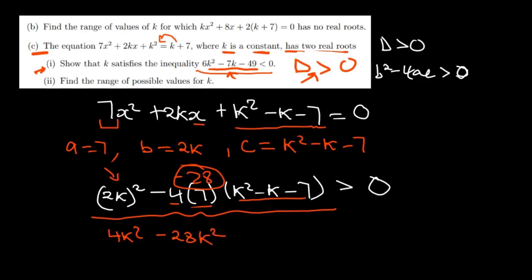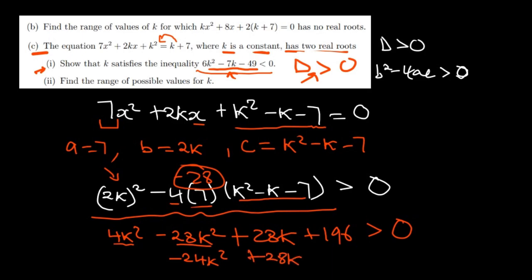Minus 28 multiplied by minus k gives plus 28k. Minus 28 multiplied by minus 7 gives plus 196, greater than 0. Now we simplify: 4k squared minus 28k squared gives minus 24k squared plus 28k plus 196, greater than 0.